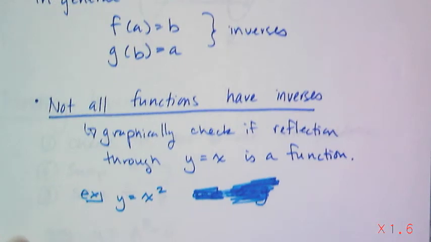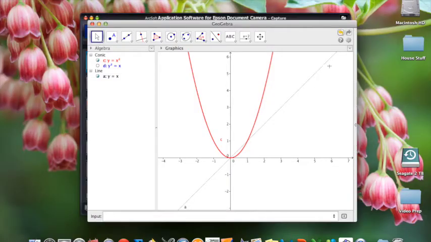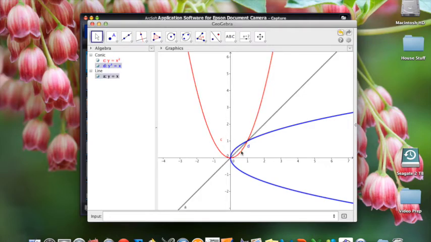So let's look at this example, the classic parabola y equals x squared. And I have the line y equals x, right? Hypothetically speaking, the inverse of y equals x squared would be x equals y squared. And graphically, you notice it is indeed a reflection through the line y equals x. Each of these points reflected over through the line give you the points on the other graph.